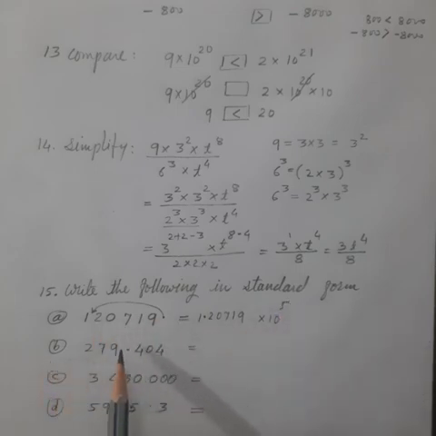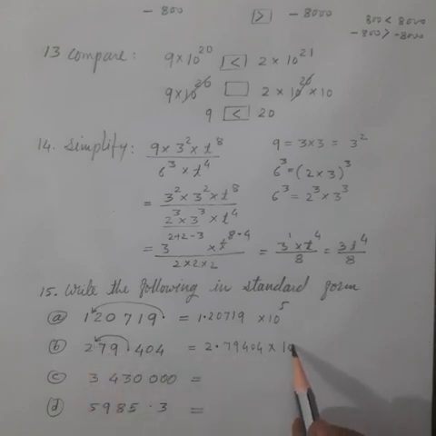Second, here this decimal point we have to shift to the left so that there will be only one digit in the whole part of the decimal number. We have to write it as 2.79404 and we have moved the point to the left 2 digits. So multiply it by 10 raised to the power 2.